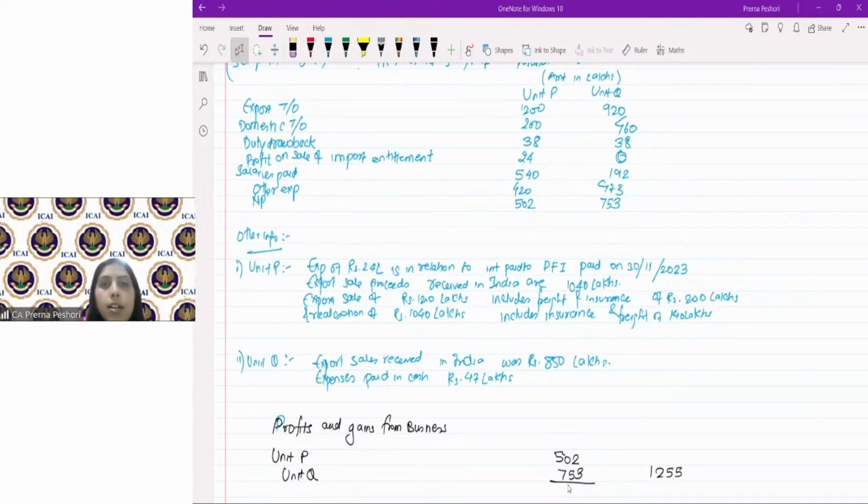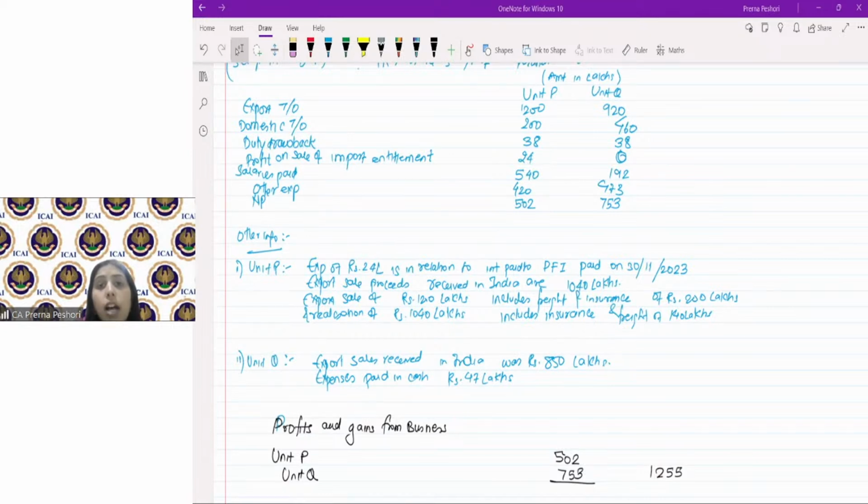Allowed, disallowed? Kaushiki, why would it get allowed? At least this answer you should be able to give me. So the interest paid to the public financial institution will get disallowed.